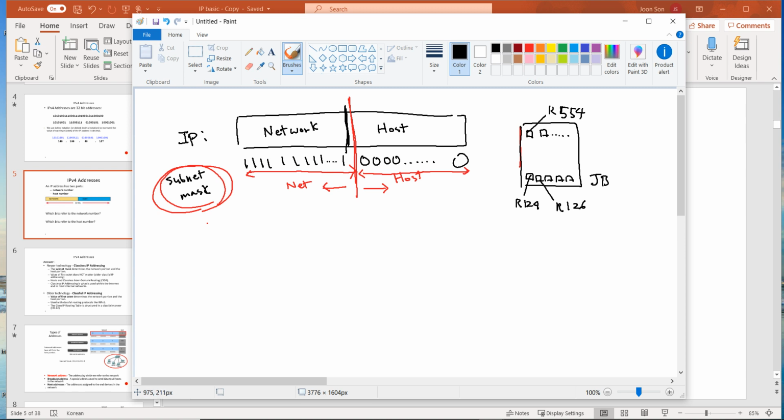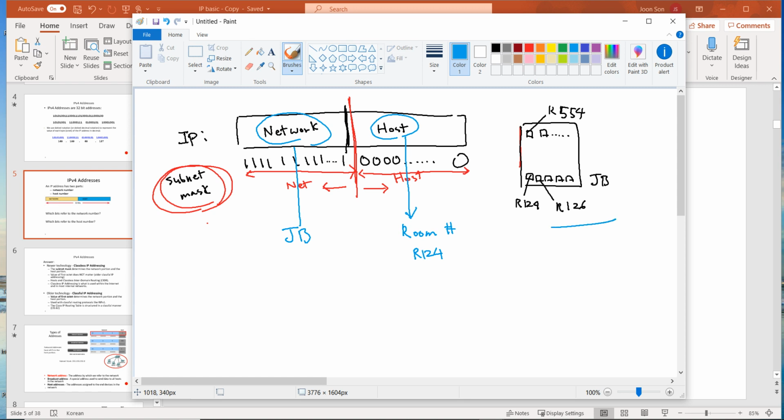You can think of the network portion in this analogy as the Jack Brown building, JB, right? And you can think of the host portion as the room number. An example of the host portion is room 124, right?